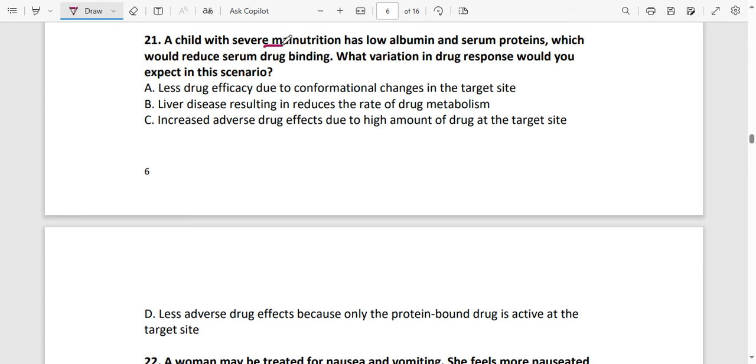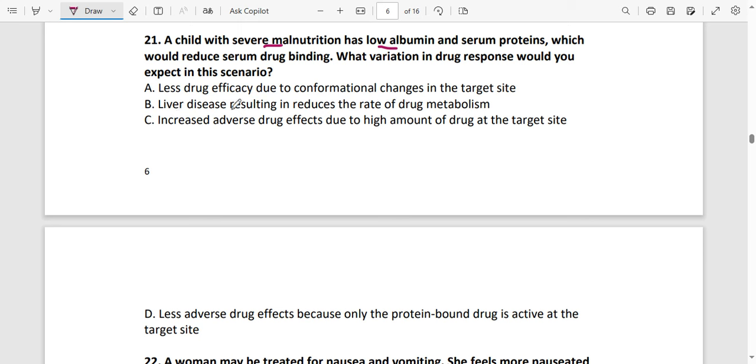Severe malnutrition. Number one, low albumin. Those are the main things. Options: less drug efficacy due to conformational change in the target site; liver disease resulting in reduced rate of drug metabolism. Okay, there's something wrong there.